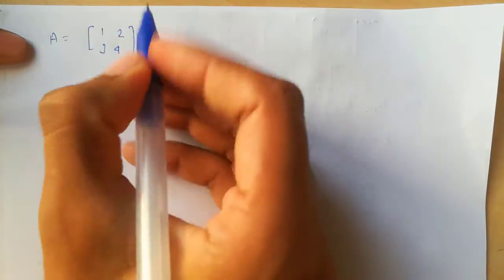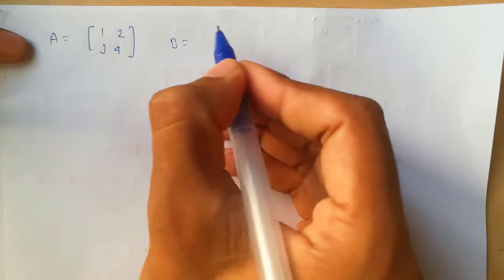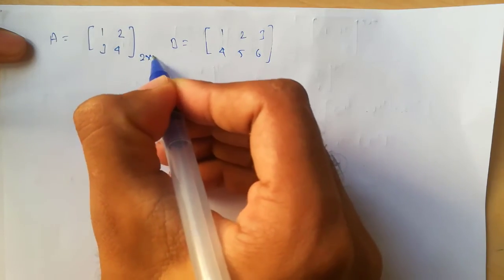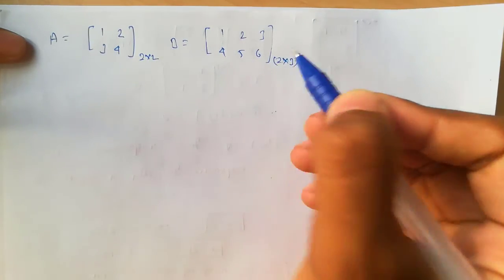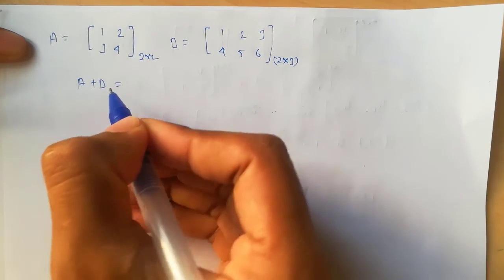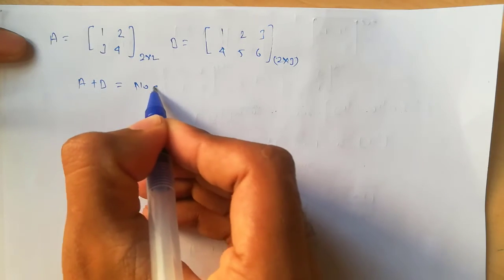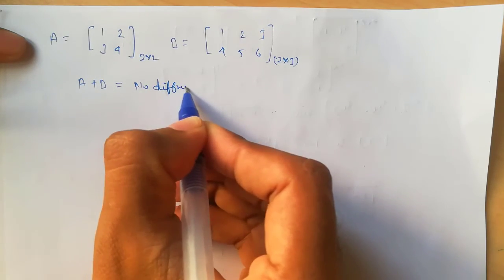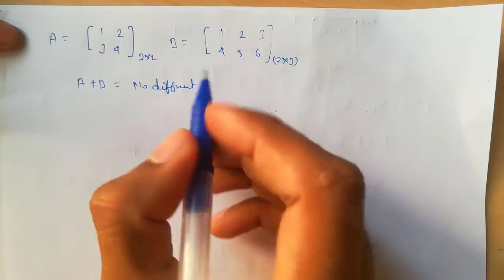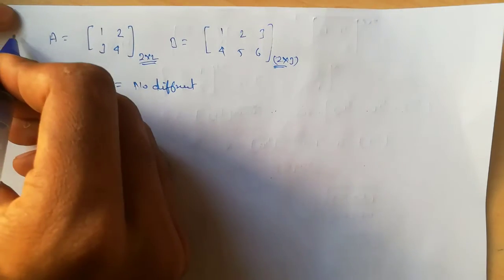For example, A equals 1, 2, 3 and 4, and B equals 1, 2, 3, 4, 5 and 6. Here the order is 2 into 2 and here the order is 2 into 3. So we can't add matrices A and B. This is not defined, because for summation or addition, the order of the matrices must be the same. Okay, important point.